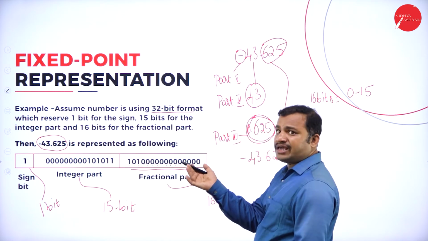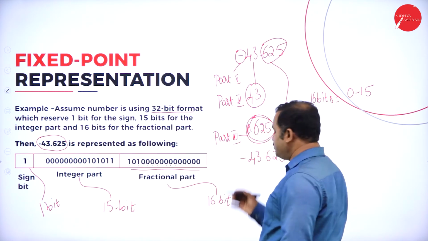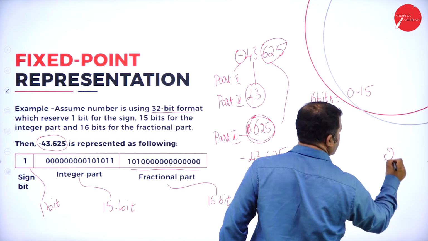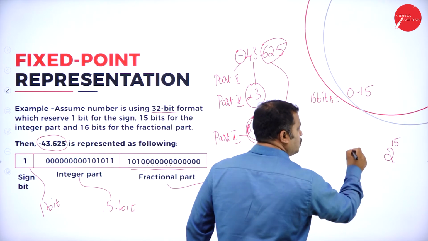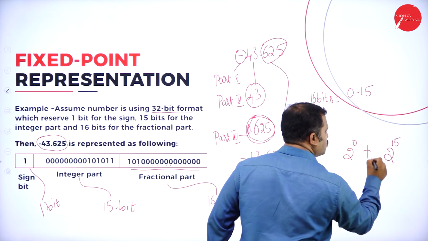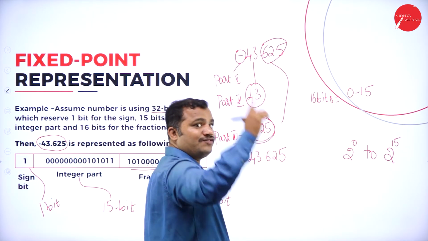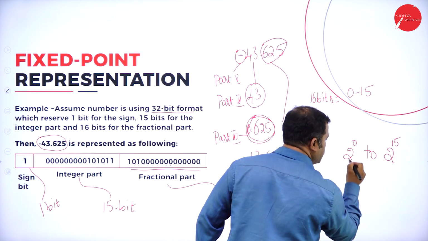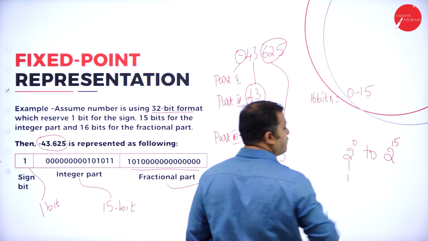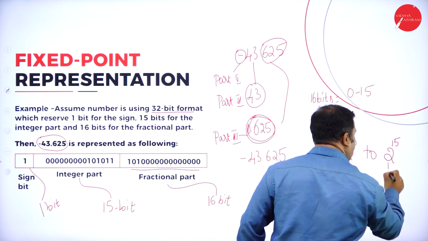So I can represent these numbers as powers of 2, from 2 raised to the power of 0 up to 2 raised to the power of 15. What is 2 raised to the power of 0? It is 1. What is 2 raised to the power of 15?